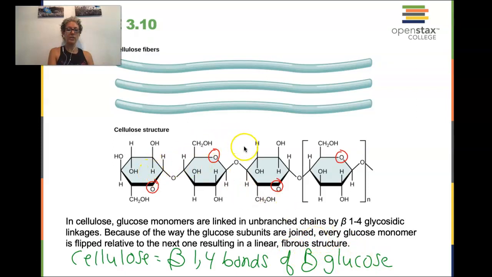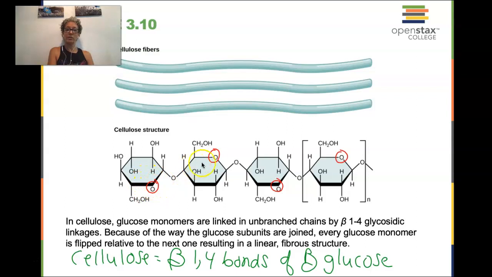We see the difference is that we have the individual beta glucose molecules, and because they're beta, in order to get that glycosidic bond between two individual beta glucose molecules, we have to flip them upside down relative to each other. And that's why I circled the oxygens. This beta glucose has the oxygen in its ring pointing downward.